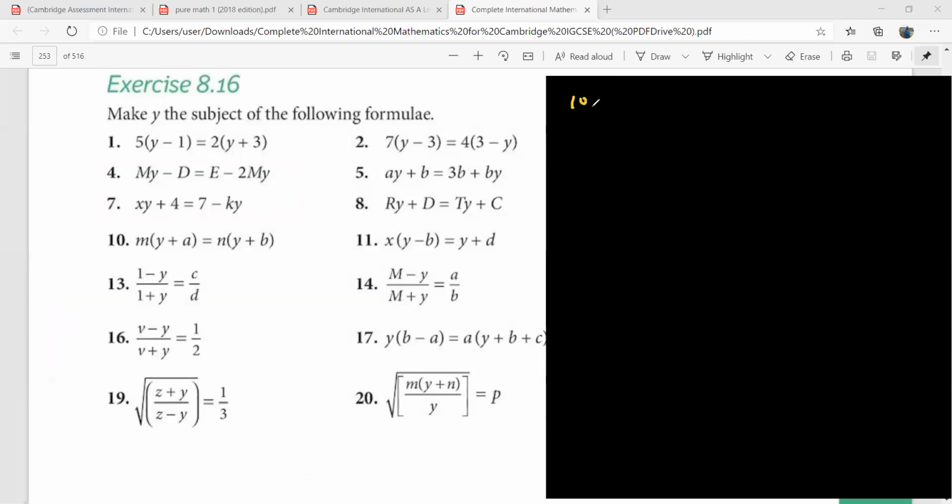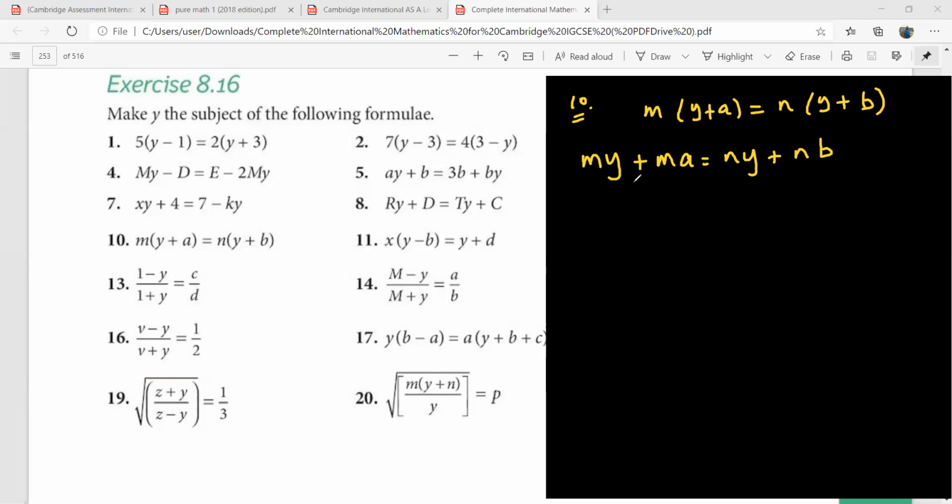In this 10th question, you have m into y plus a that is equal to n into y plus b. You see that these y's are inside the brackets and the brackets are being multiplied by something. So you need to expand them first of all. So this will be my plus ma that is equal to ny plus nb. Now this has become a question like the ones we just did from these four onwards.